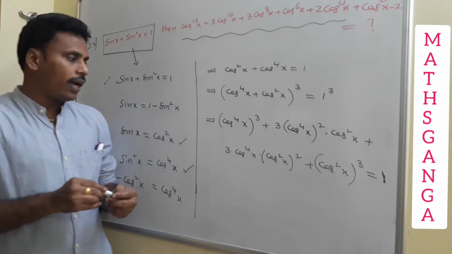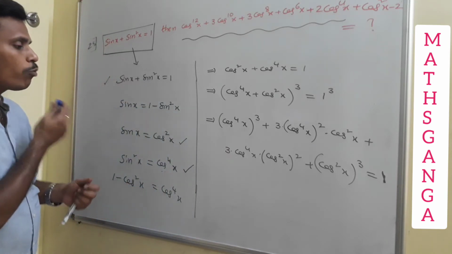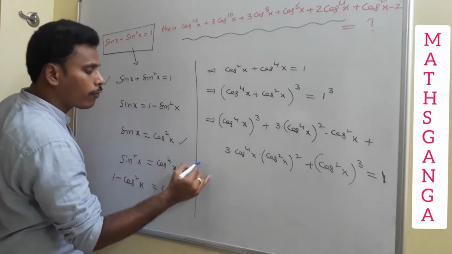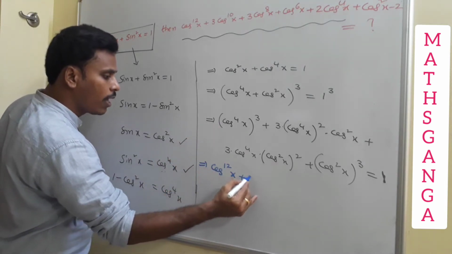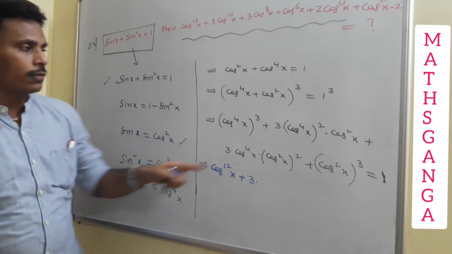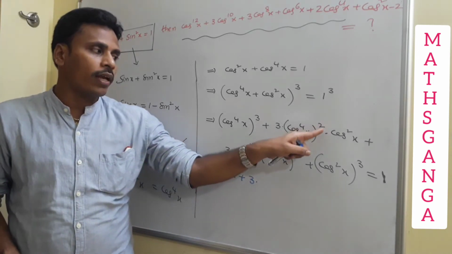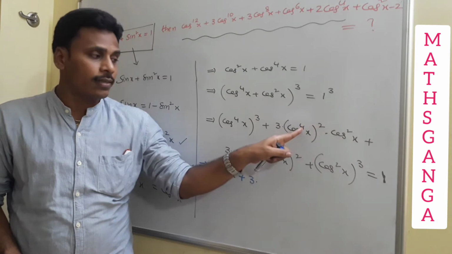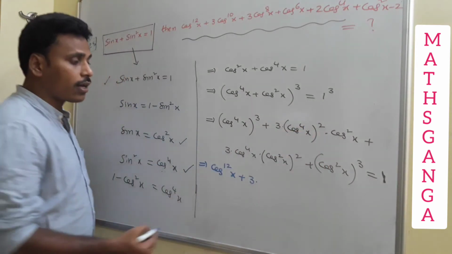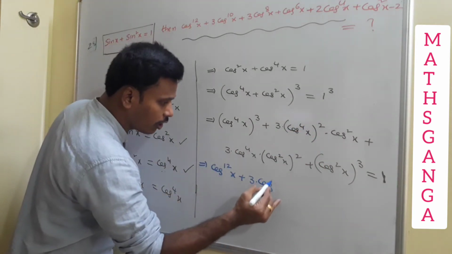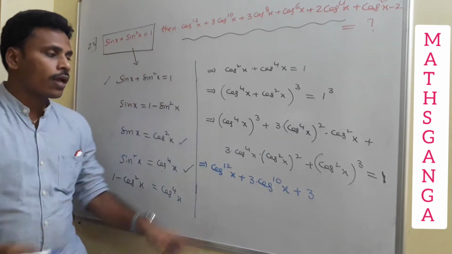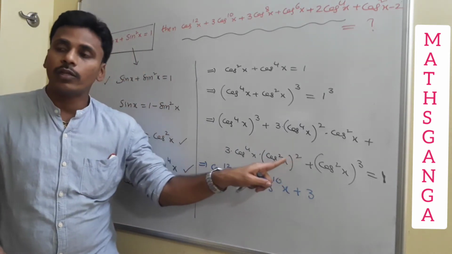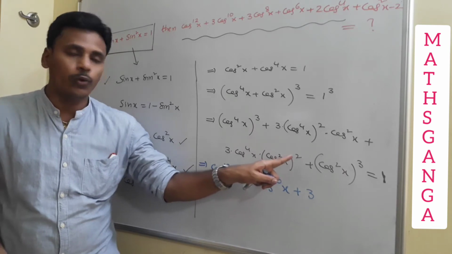Yeah, see, with that, (cos⁴x)³ is what actually? (cos⁴x)³ is cos¹²x plus 3 times, look at this, (cos⁴x)² is cos⁸x into cos²x is cos¹⁰x. So 3 into cos¹⁰x plus 3 into (cos²x)² is what? cos⁴x. 2 into 2 is 4, right?